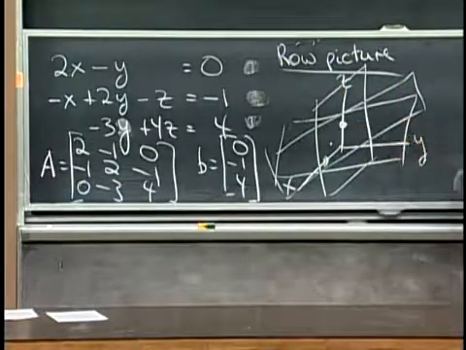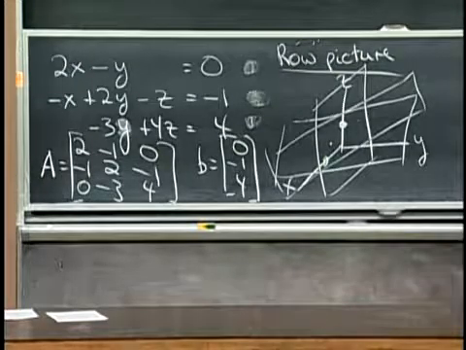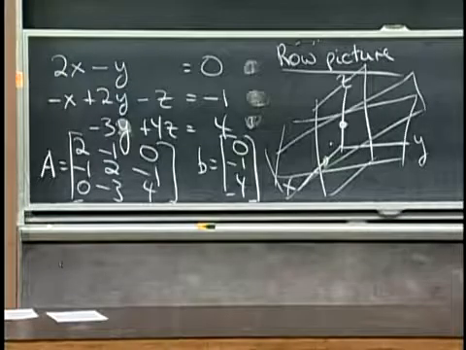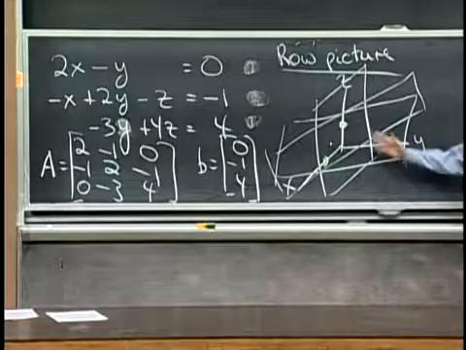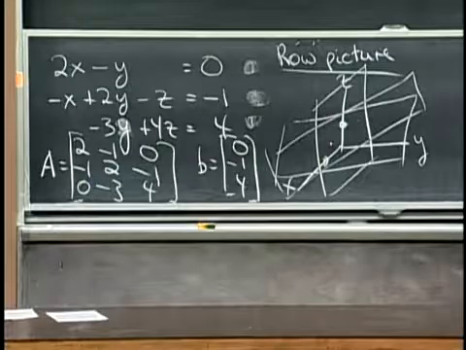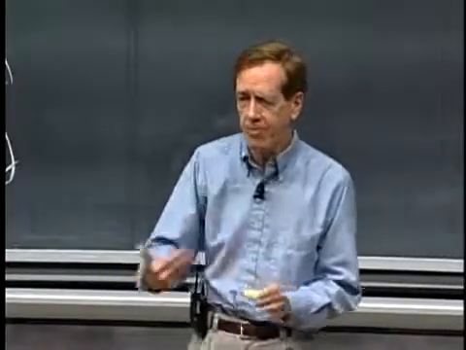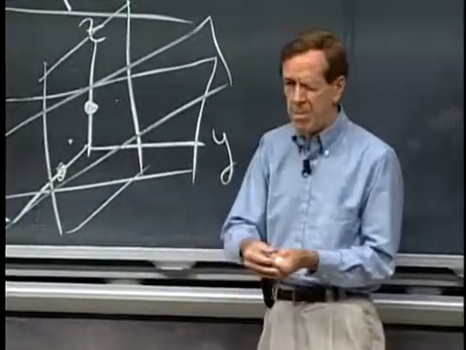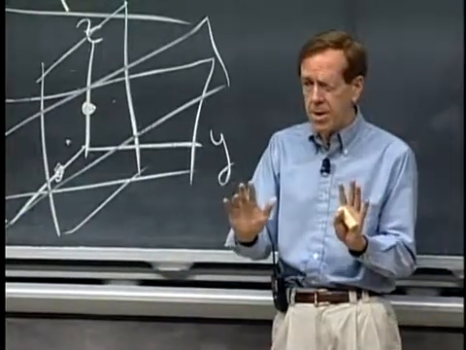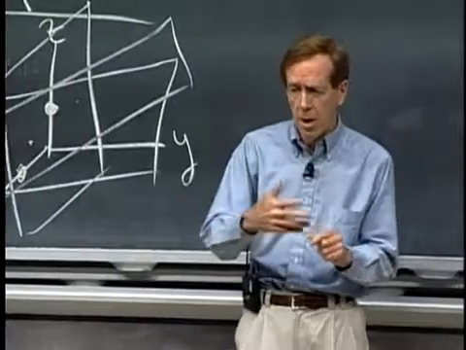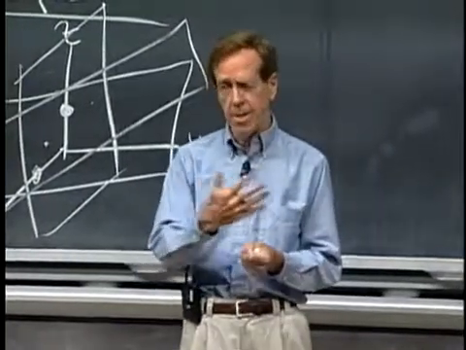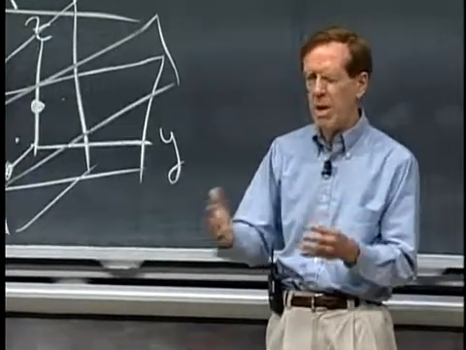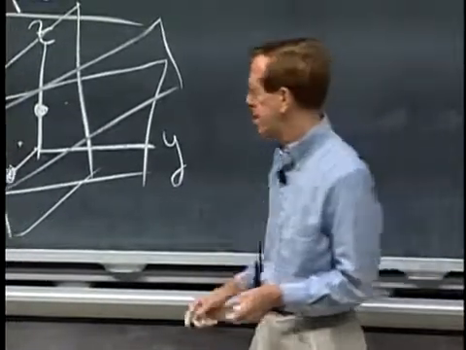When we look at 3 planes meeting, it's not so clear, and in 4 dimensions, probably a little less clear. So, can I quit on the row picture? I'll quit on the row picture before I've successfully found the point where the 3 planes meet. All I really want to see is that the row picture consists of 3 planes, and if everything works right, 3 planes meet in one point, and that's the solution.